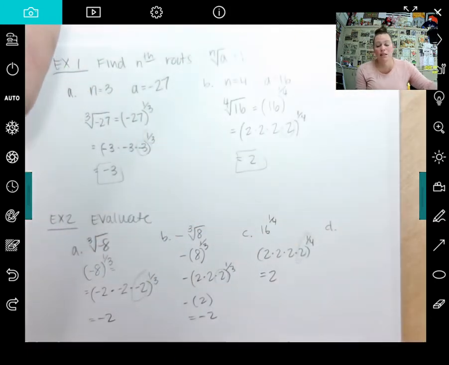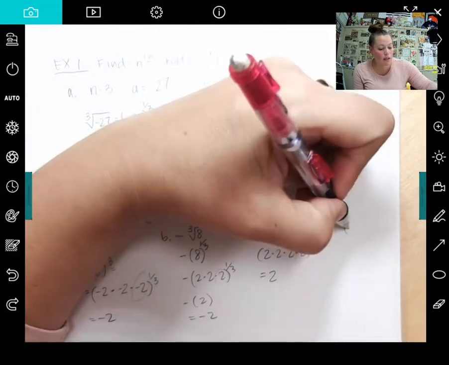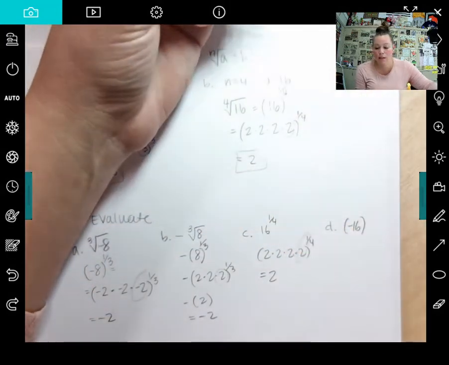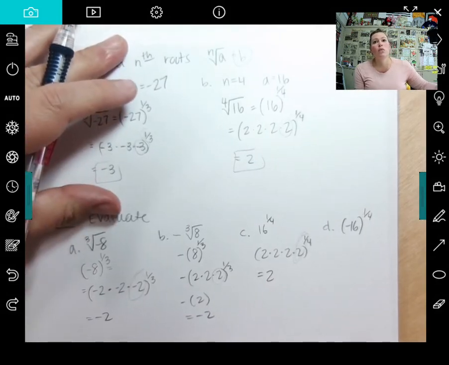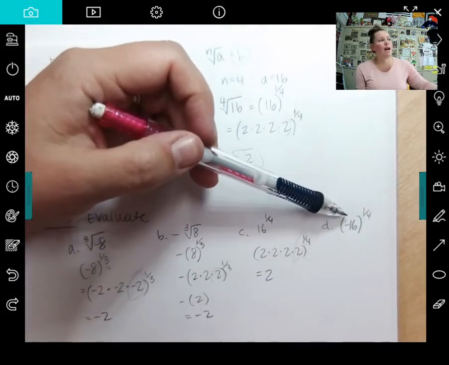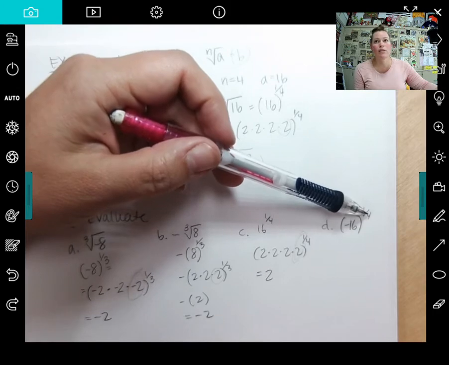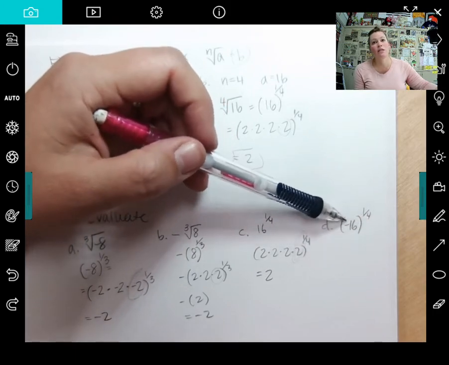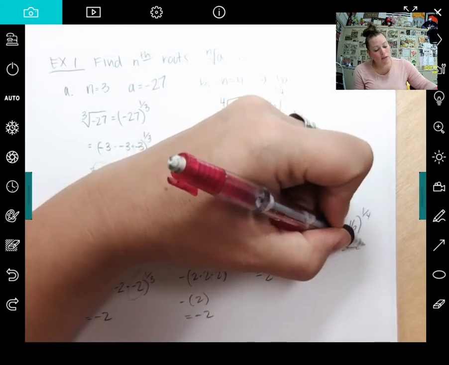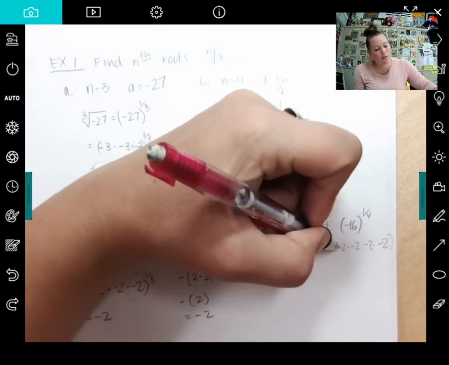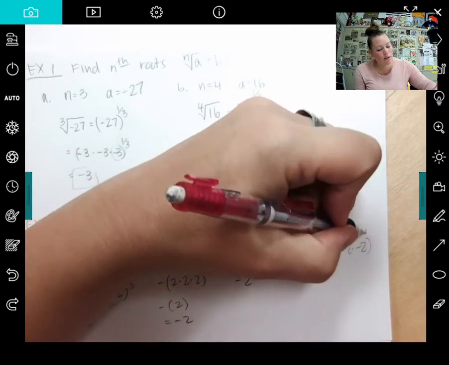And then the last little example for this one is going to be the quantity -16 to the 1/4 power. So the quantity of -16, what number times itself 4 times would give us a negative answer? So we might think -2 times -2 times -2 times -2 to the 1/4.